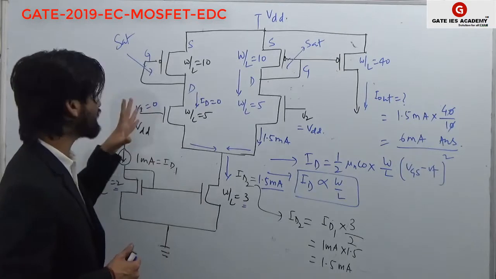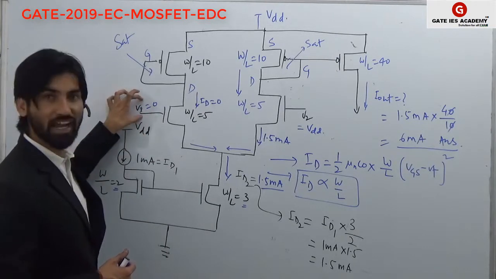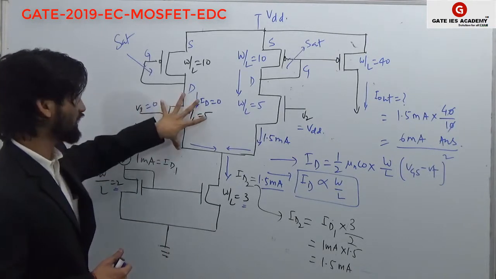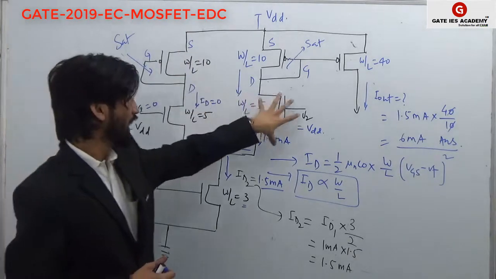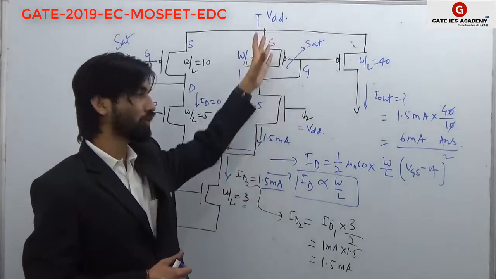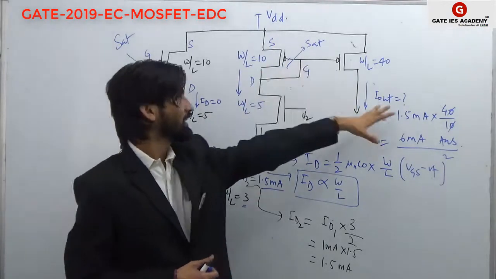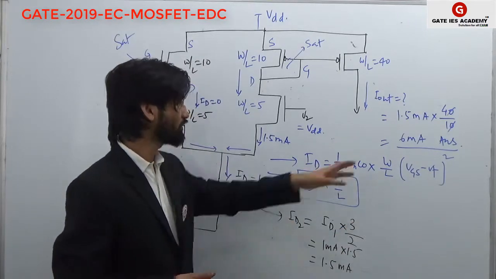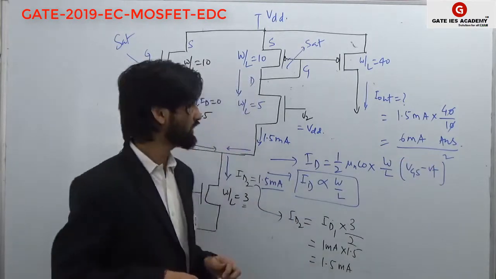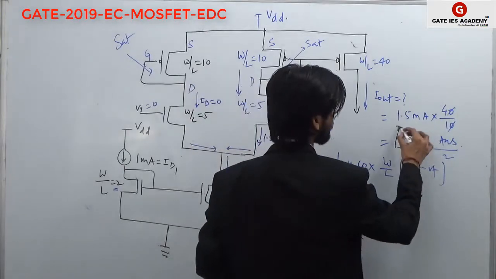Please read the question very carefully. Here V1 is given as 0, so this transistor will be off, so no current will flow from this part of the circuit, and the entire current of 1.5 will flow from the other part. Again, ID is proportional to W by L ratio, and you would be able to answer this question. So 6 milliampere is the right answer.